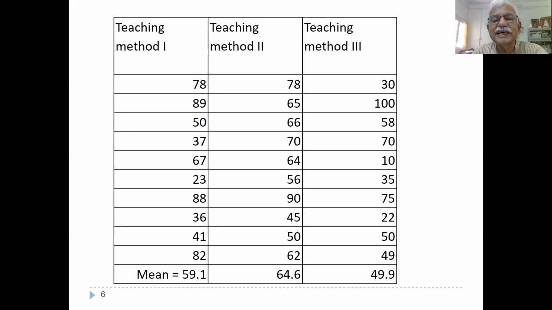Imagine that if these data had come from a census, then we would definitely say that teaching method 2 is better, and we need not apply any F distribution or anything.